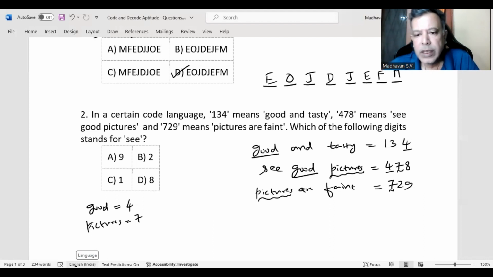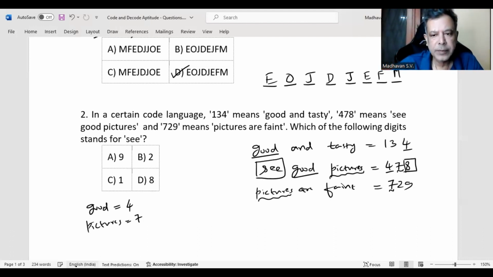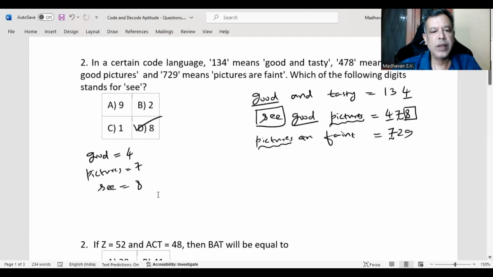Now in the second sentence, whatever is left is C, the number not yet assigned, which is 8. So C should be 8. Good is already assigned 4, pictures already assigned 7, so the remaining word C has to be 8. That means option D is the right option. Let us move on to the next.